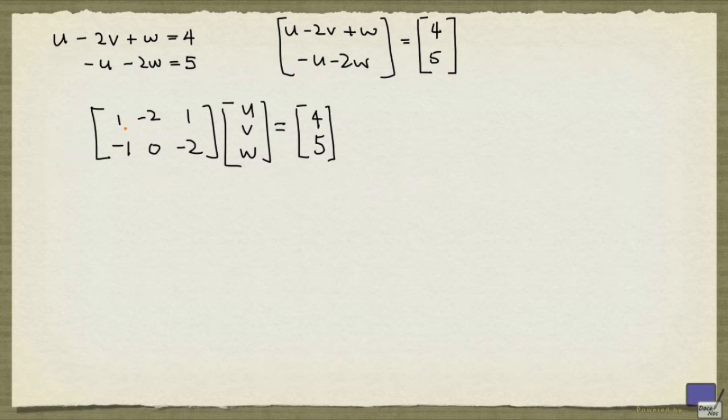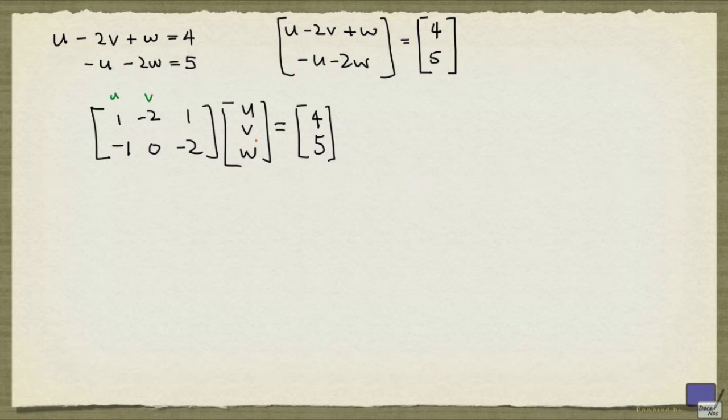The order in which the coefficients appear is important, and that order is given by the variables listed in this second item here. So this second item is a tuple of the variables, and the first entry is u, and that means in the first column we have coefficients of u. And the second entry in this tuple is v, so in the second column we have the coefficients of v.